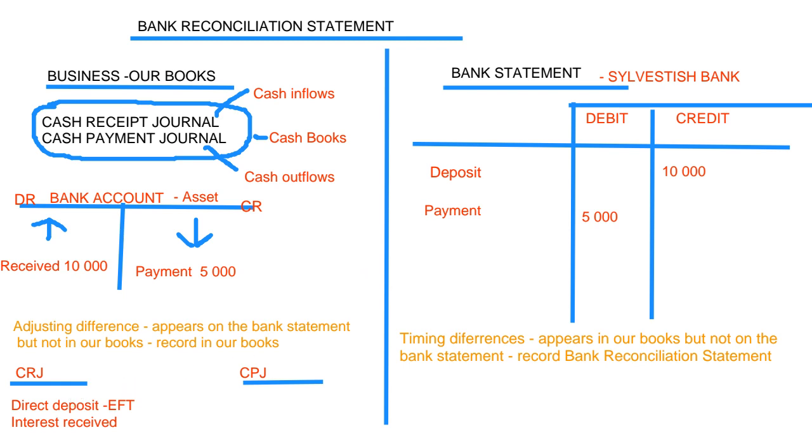Okay. Cash payments. Firstly, the most popular one, obviously, bank charges. I think you heard about them before. Yeah. Bank charges. Sometimes we have got debit orders. I'll explain, don't worry.